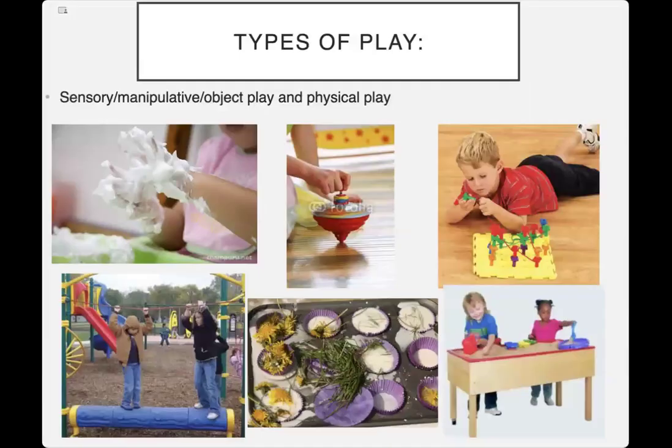So from the pictures that have been provided, we can see that the children are engaging all of their senses, right? So that's an easy way for us to remember this type of play, sensory play.